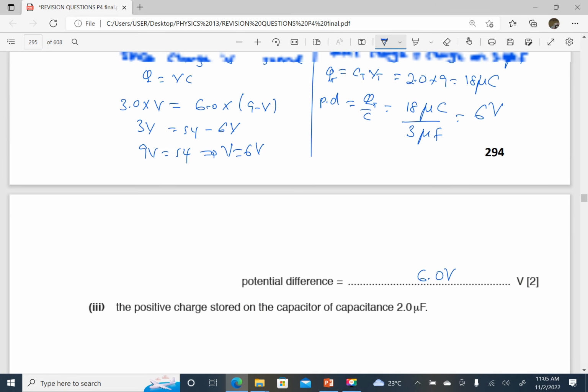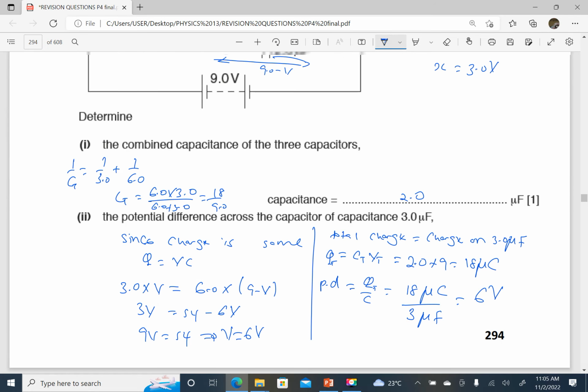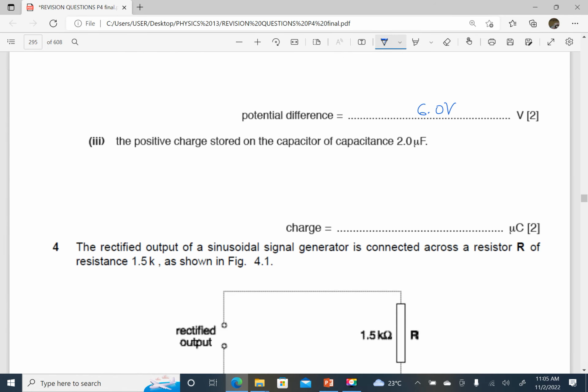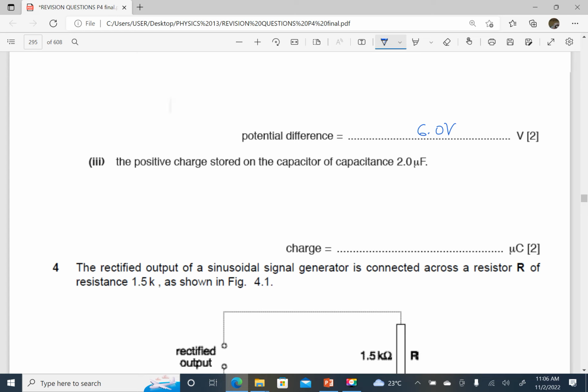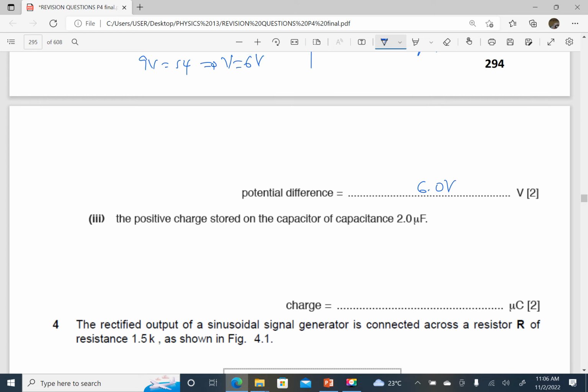Okay, so next, determine the positive charge stored on the capacitor of capacitance 2 microfarads. Determine the positive charge. So we now know that the PD across the parallel combination will now be 9 minus 6.0.